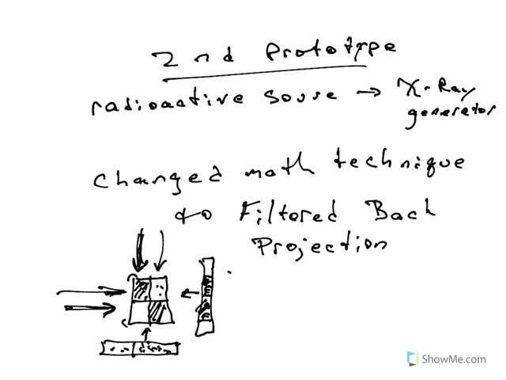And so this was very, very big. Of course, the X-ray generator made the imaging part of it faster, but the filtered back projection technique made the mathematical process a lot faster, and thus a lot cheaper.